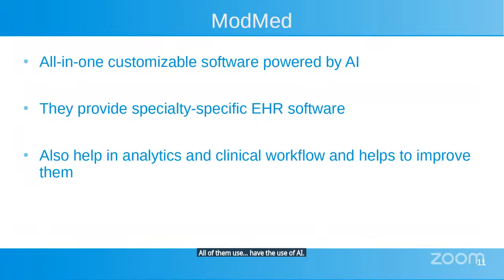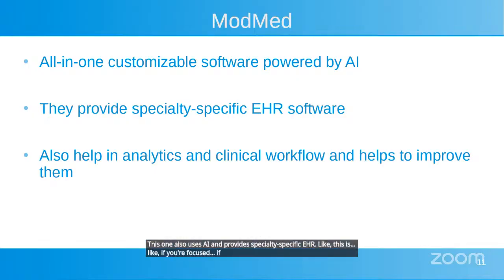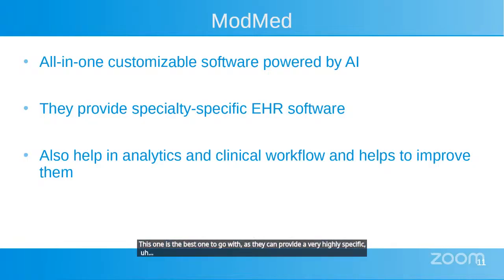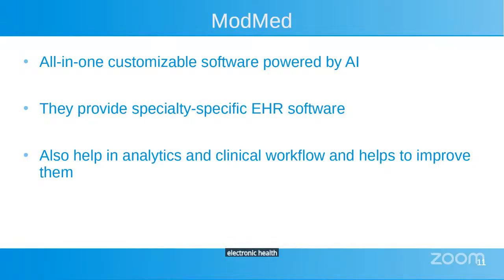Then finally, we have ModMed. This one is an all-in-one customizable software. It also uses AI and provides specialty-specific EHR. If your practice is focused on one specialty, this one is the best one to go with, as they can provide a highly specific electronic health software towards your specialty.